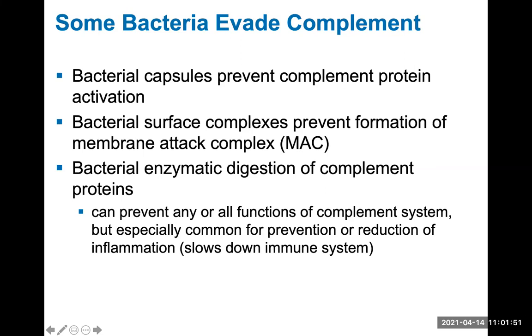Bacterial surface complexes, so certain bacteria have these special surface proteins that will actually prevent the membrane attack complex from forming, so that C3a will split into all those additional proteins, but those little proteins will not be able to embed into the plasma membrane of the bacteria that have those specialized complexes to prevent it.